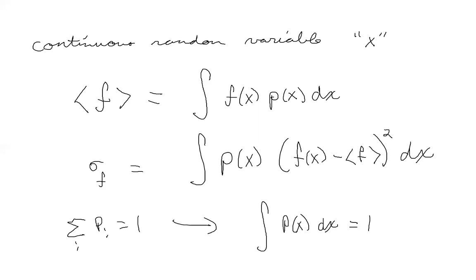All right, let's do an example. Let's imagine that we have radioactivity. What we have is a probability describing the probability.